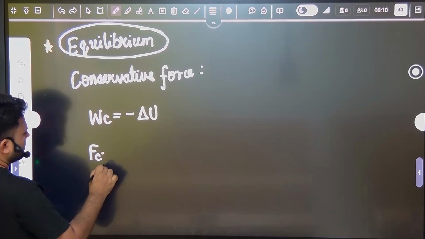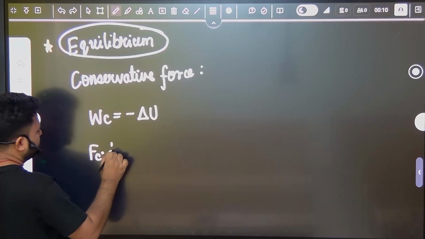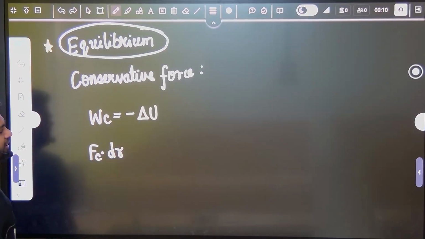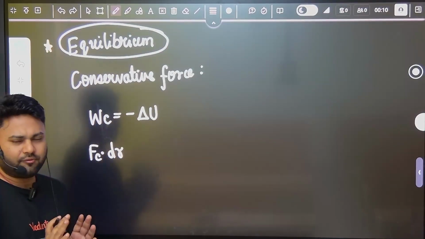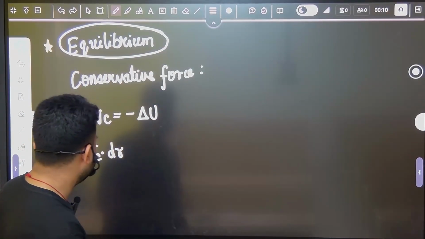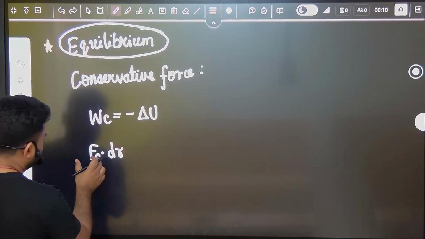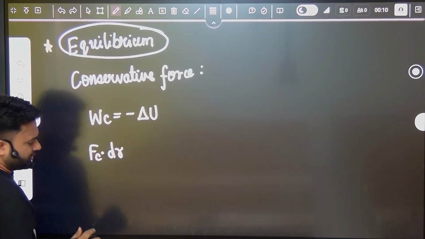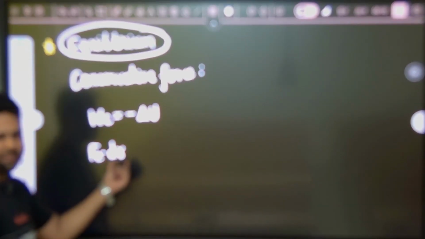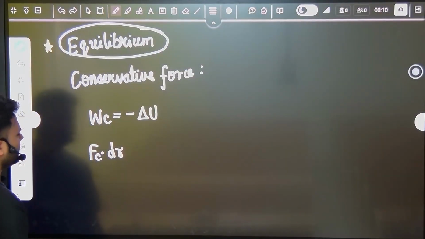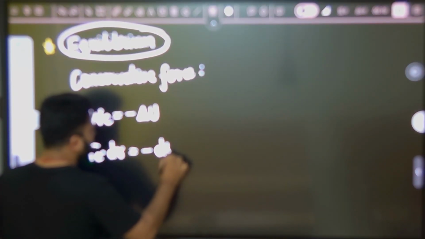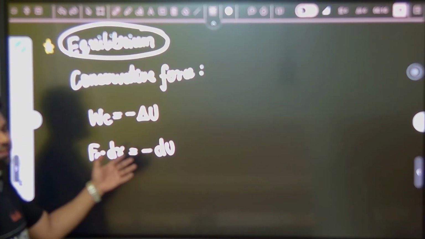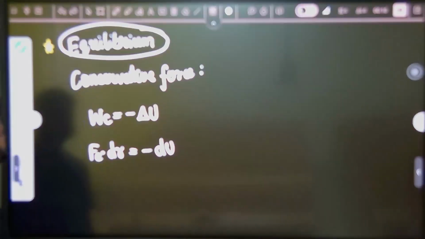Conservative force dot displacement dr, where dr is the displacement. So this is the work done, F dot displacement, equals, I am writing minus du, negative of change in potential energy.